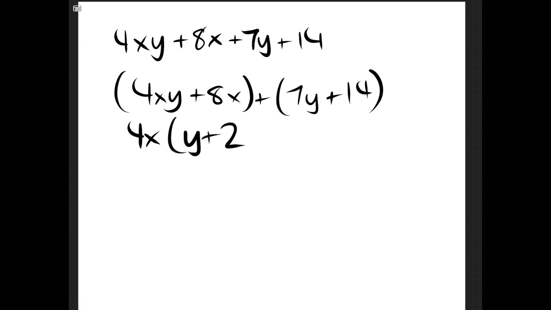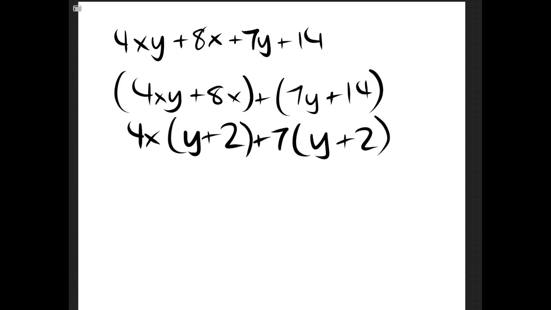So y plus 2. And then on this side, the GCF is actually 7 because 14 doesn't have a variable, and the most you can divide by is 7. So plus 7, and then you can take this out, and then y, and then 14 over 7 is 2, plus 2. So you might think, oh, we're done, yay.